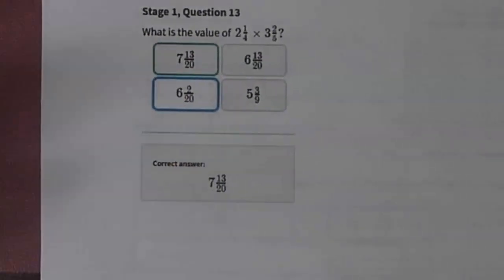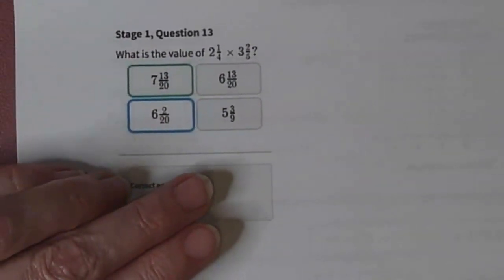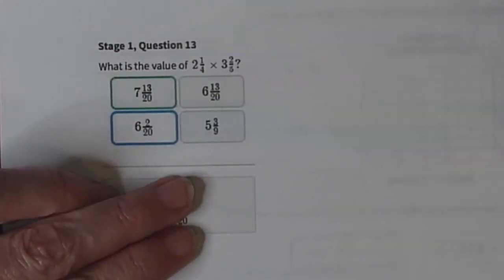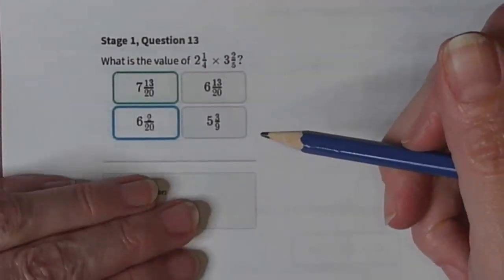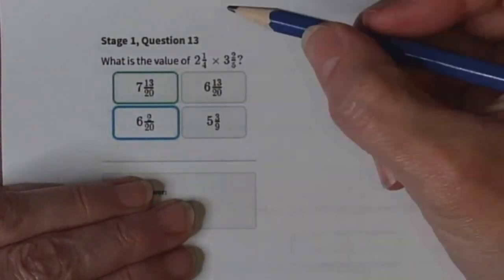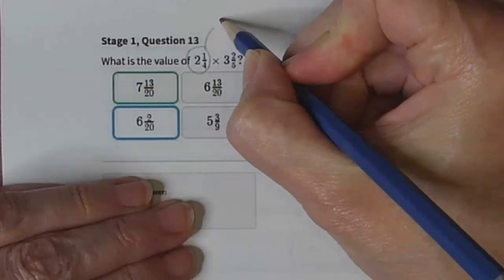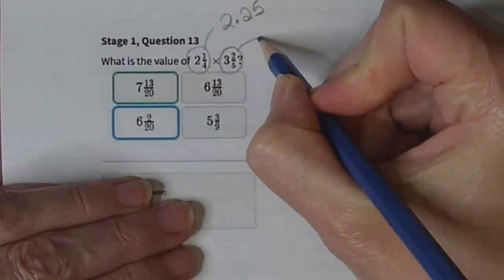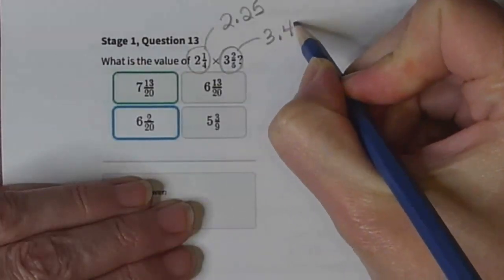Okay, I laughed so hard when I got this one wrong, because then I looked at it again, and I'm like, okay, a couple different ways we could do this one. If you have a calculator that has fractions on it, you could literally just use your calculator and do fractions, right? In my mind, I'm kind of a decimal girl. I'm kind of like, this is 2.25. This is 3.40, right?